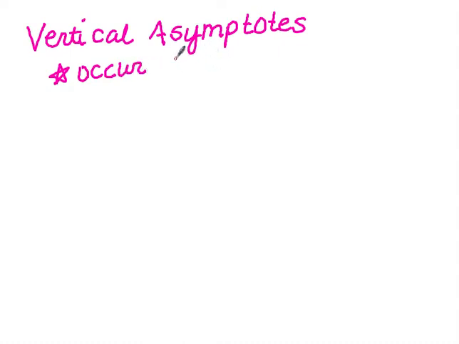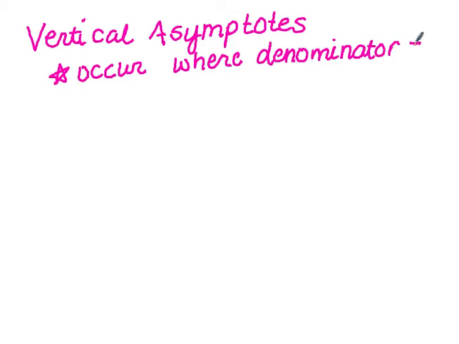Occur where my denominator equals 0. So, find the vertical asymptotes. Find the asymptote.